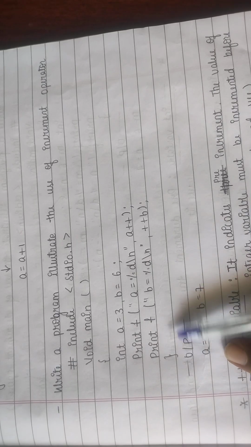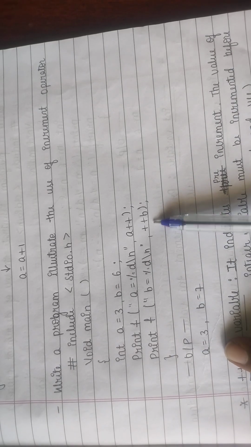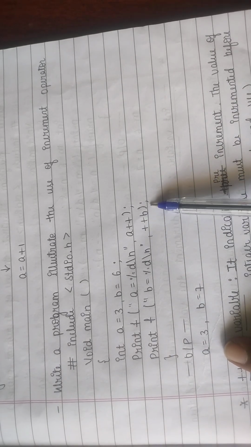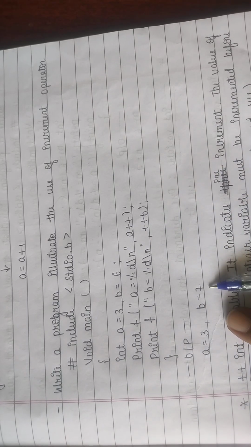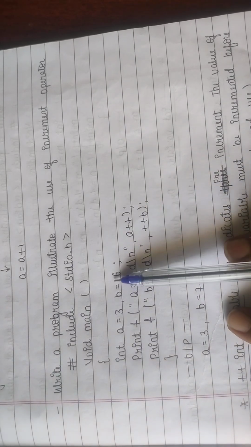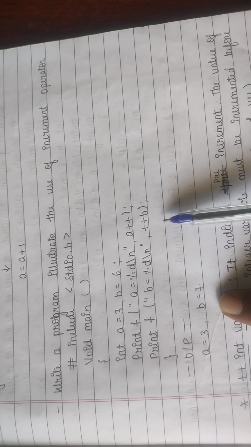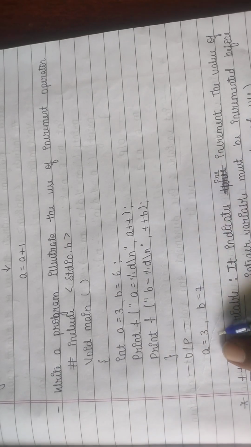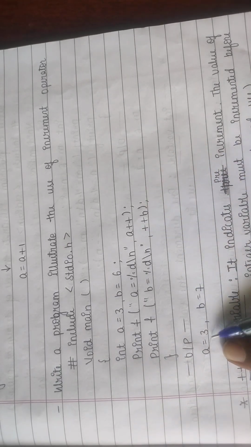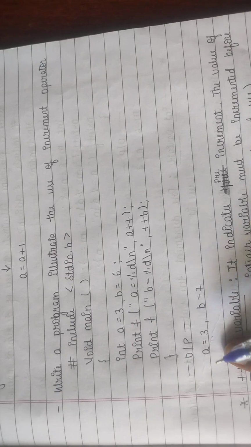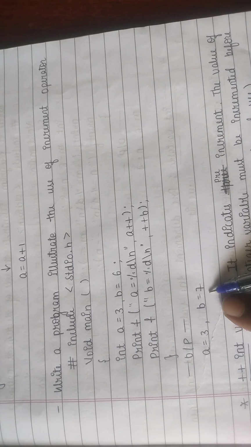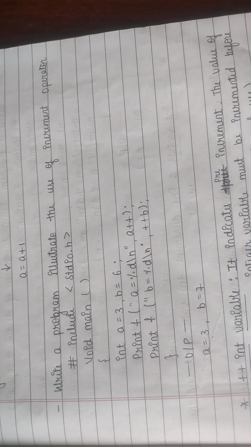A is 3 only. Now b is first incremented and after that printed, so b becomes 7, because it is a pre-increment. For post increment, first use, after that increment. For pre increment, first increment, after that use.